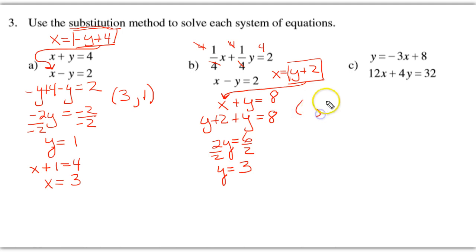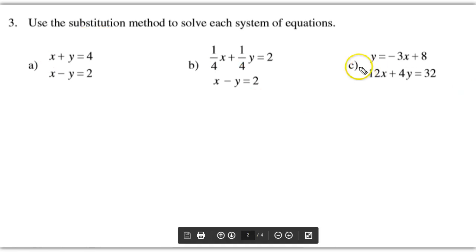We now have a member of our ordered pair. Well, if y is 3, and you can use either equation, this one here, for instance, x plus 3 equals 8. We're going to subtract 3 from both sides, and we get x equals 5. And there's our solution.